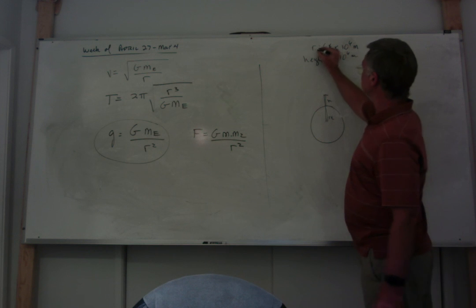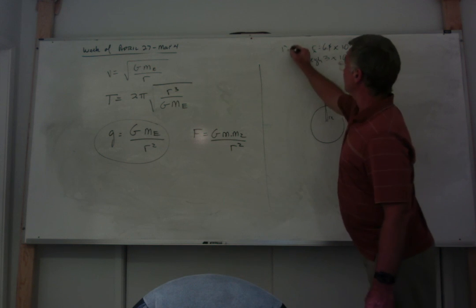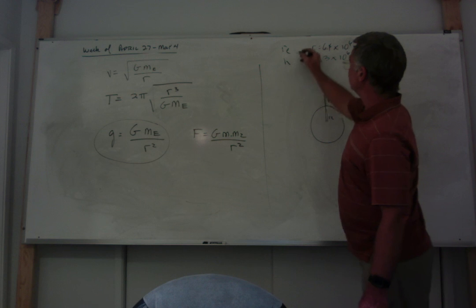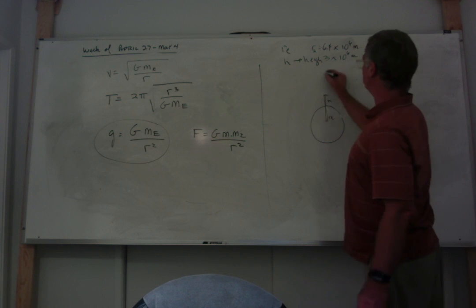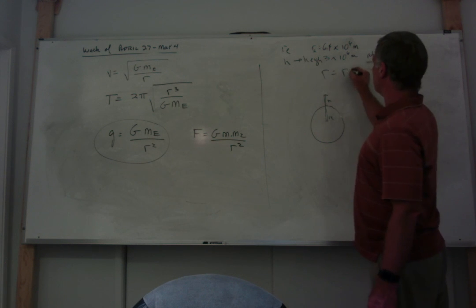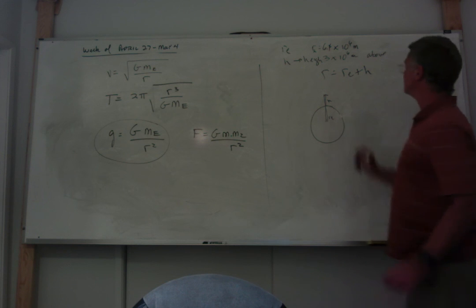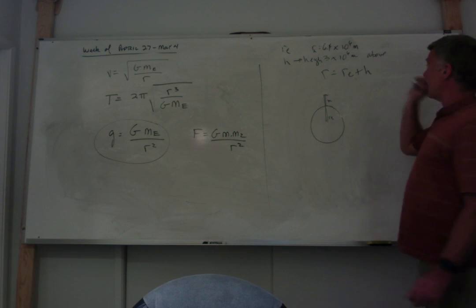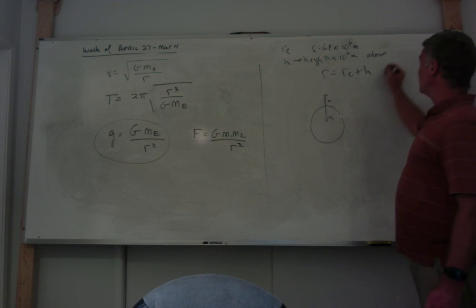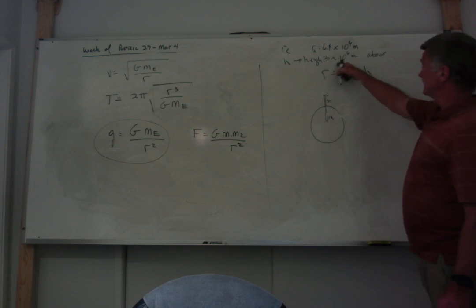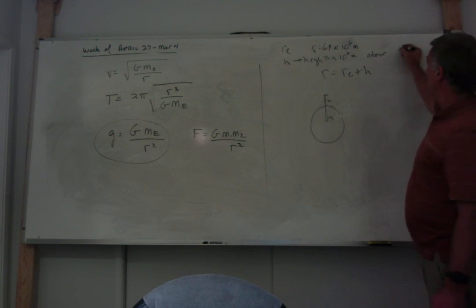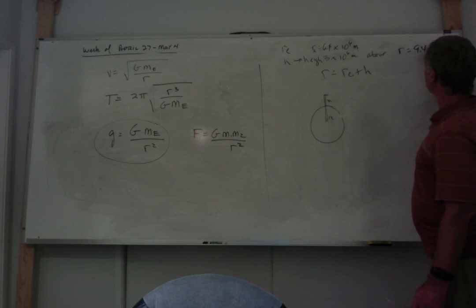So this is the radius of the Earth, let's call that RE, and that's H. If they give you the height it is above, the radius that we're after is RE plus H. So in this case, it would be 3 times 10 to the 6 meters above the Earth, but R here would be 9.4 times 10 to the 6 meters.